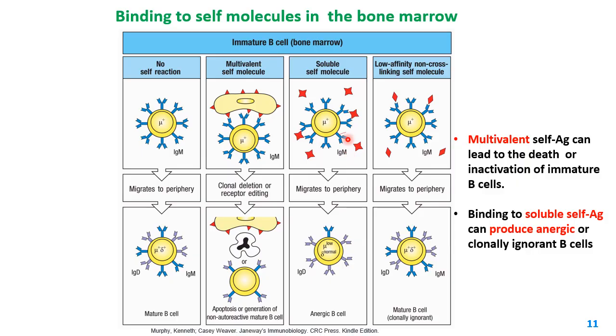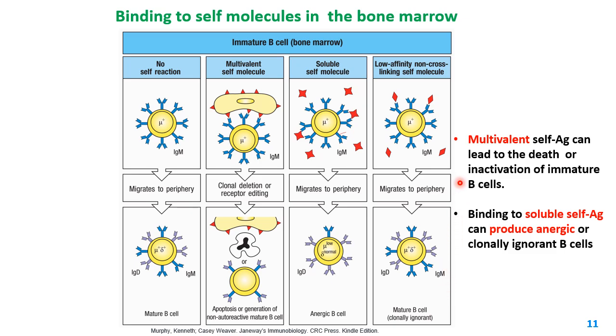At the same time, if you only send one signal to the cell, this is how you get anergy, that is, induced tolerance. The cells that are able to come out and not die are not going to be reactive. They're going to just be floating around for some time, like zombie cells, and eventually they're going to die.